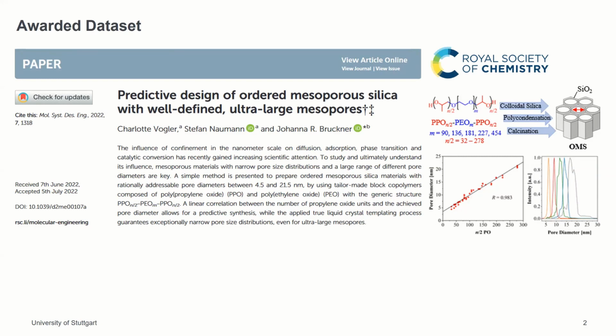For this, we are synthesizing mesoporous materials. So for us, it's really important to make materials with very defined mesopore diameters, and also to have a broad range of different diameters so that we really can study confinement effects.